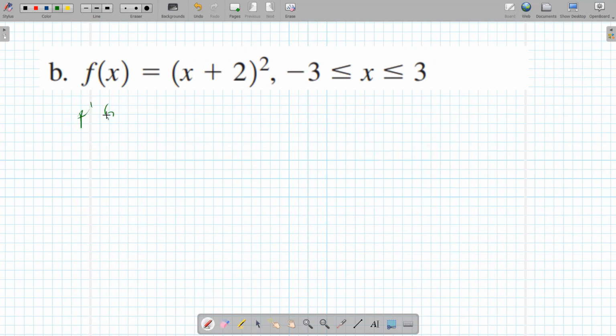What's f prime of x? You just bring a 2 in the front. That's it. It's going to be 2x plus 4, because it's 2(x plus 2). And then you set this equal to 0. You get 2x plus 4 equals 0.